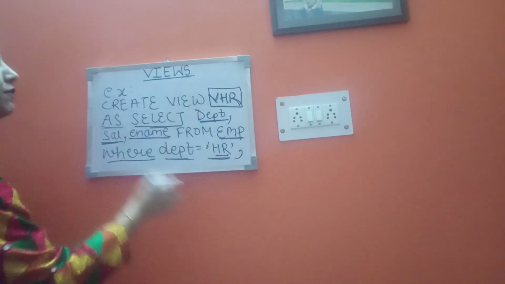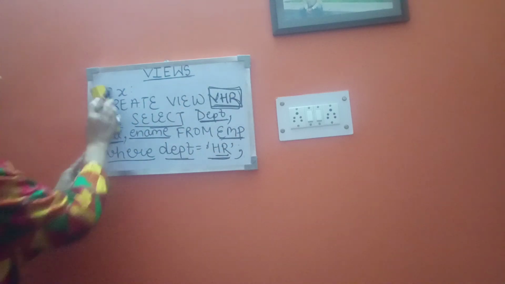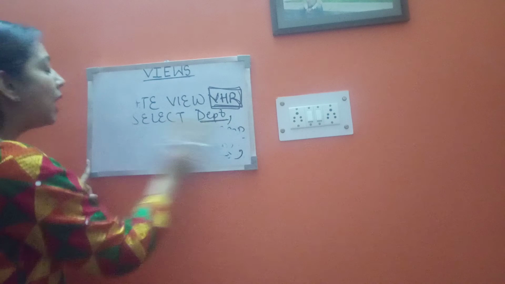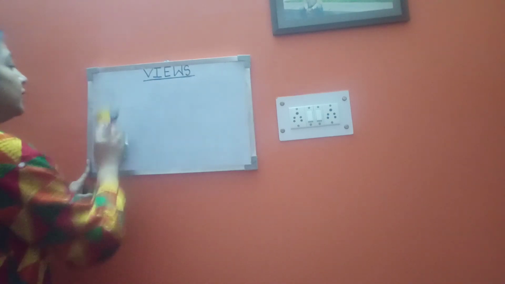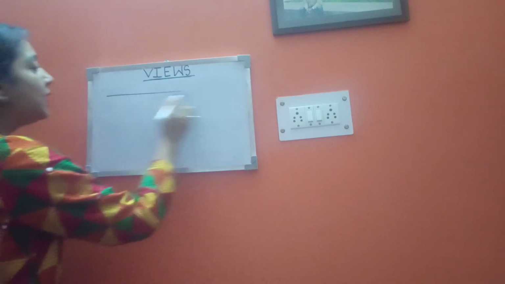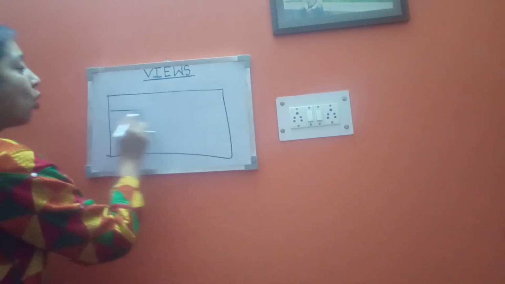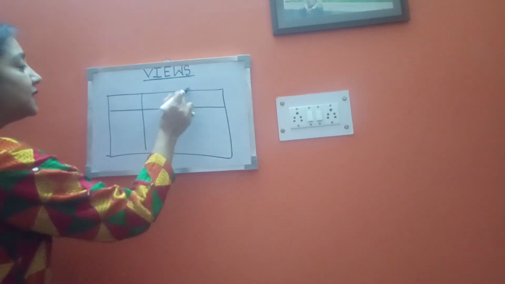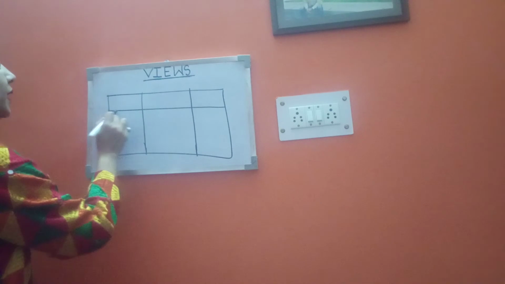And all this information is now contained in the VHR view. So whenever the HR department user wants to view the information regarding the HR department, he will only be shown information regarding his own department, and the information regarding the finance and IT departments will be hidden from him.